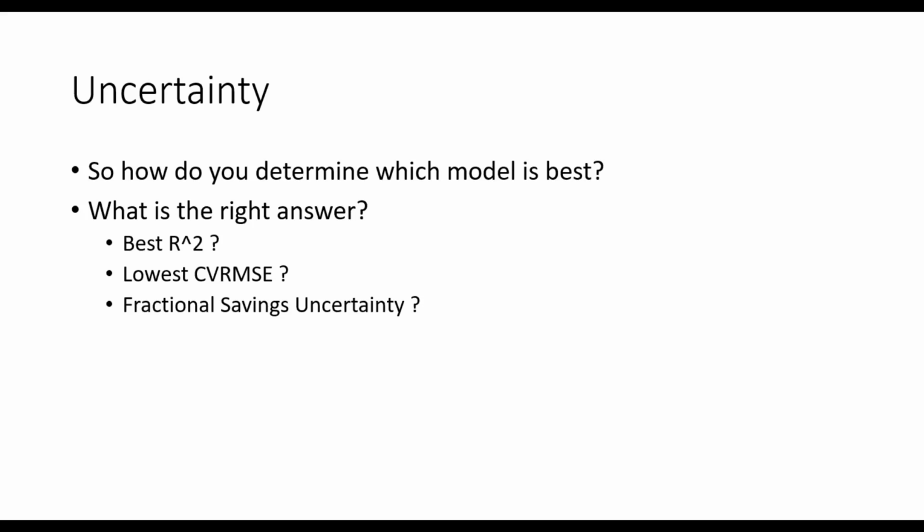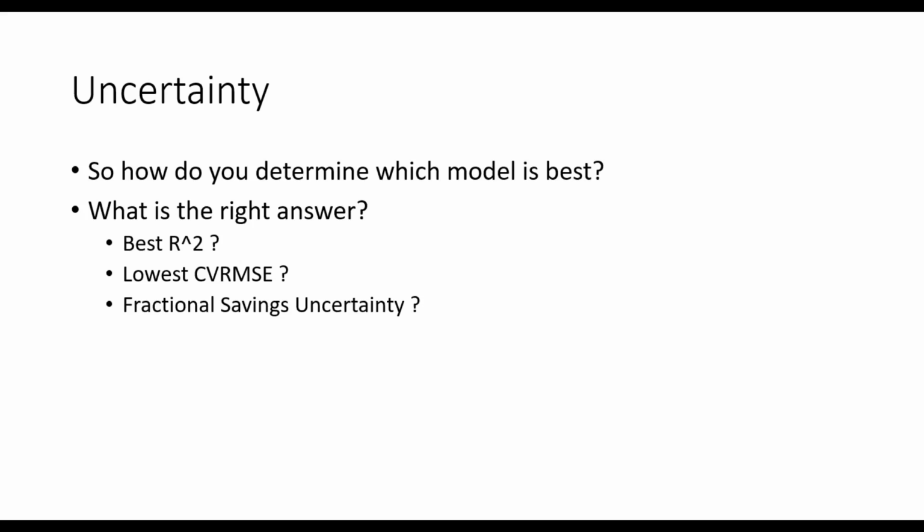Maybe we're only looking at 6% savings. If I want to do a billing analysis to prove that, it would be nice to know, am I going to be able to see that in my model? If I've got a really tight model, then I may be in great shape to prove that savings. But if there's high uncertainty in it, then I don't want to face a situation a year down the road where I can't see the savings in the noise.